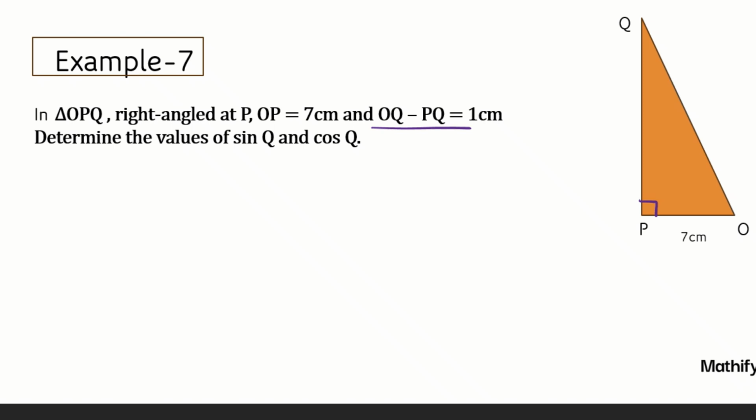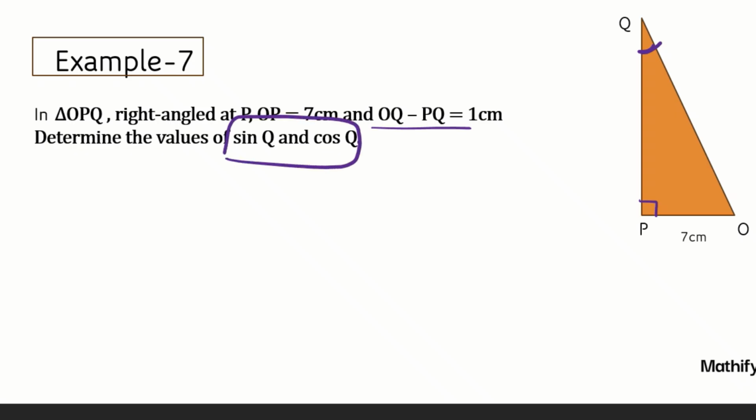Now determine the value of sin Q and cos Q. So here is the twist. You don't have to find sin O and cos O. You have to find sin Q and cos Q. Remember this.